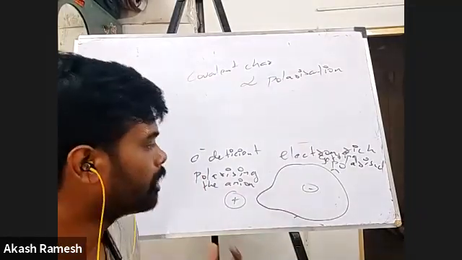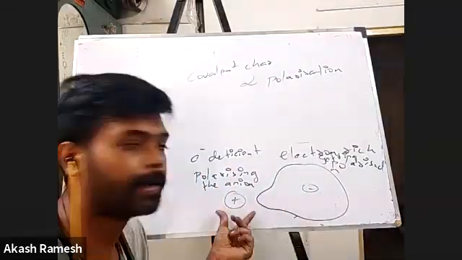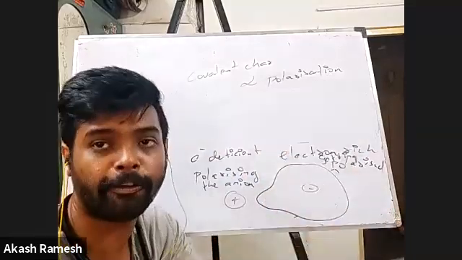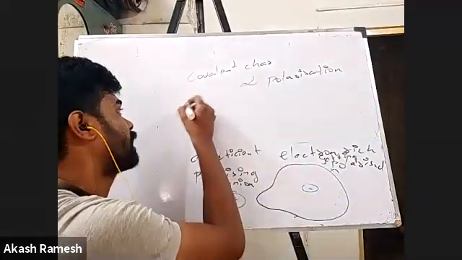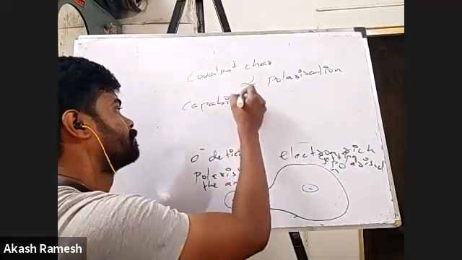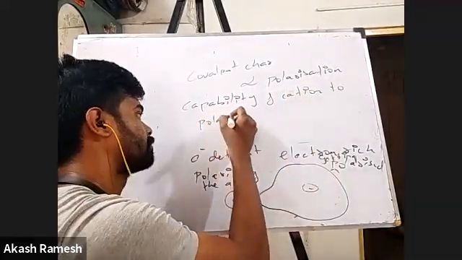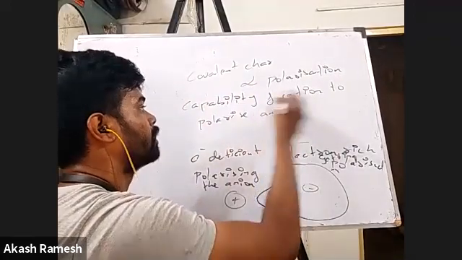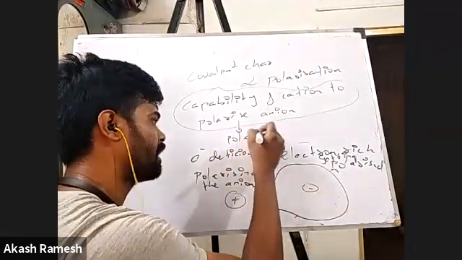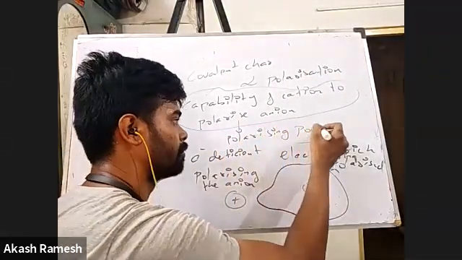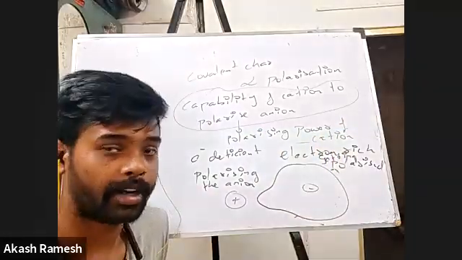So obviously it is going to depend on whether the anion is getting polarized, and it is also going to depend upon whether the cation is capable of polarizing the anion, isn't it? This capability of the cation to polarize the anion, this entire term, is what is called the polarizing power of the cation.